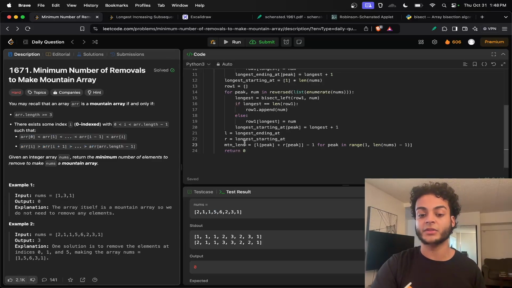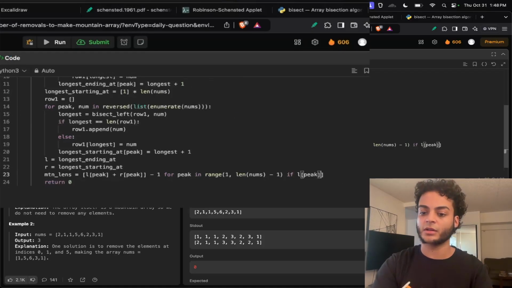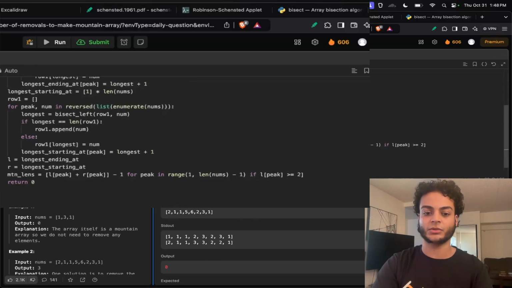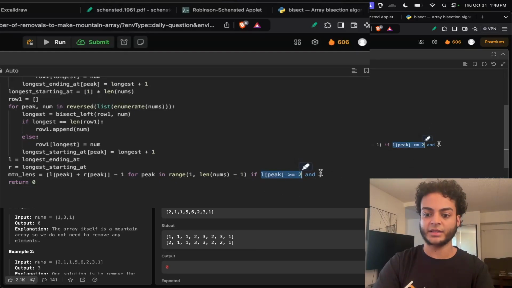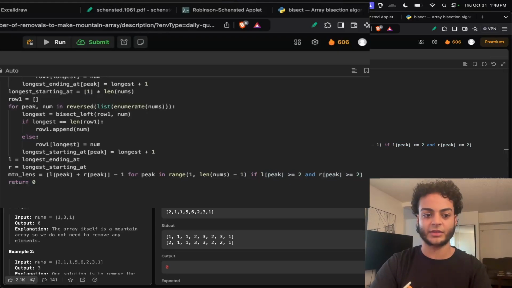So what we have to do here is say that L of peak has to be greater than or equal to 2. So basically no single number subsequences. And you'll notice that implicitly this already satisfies length greater than or equal to 3, right?